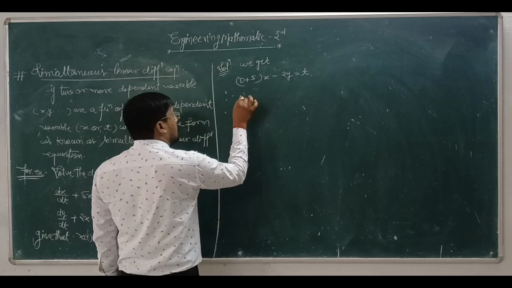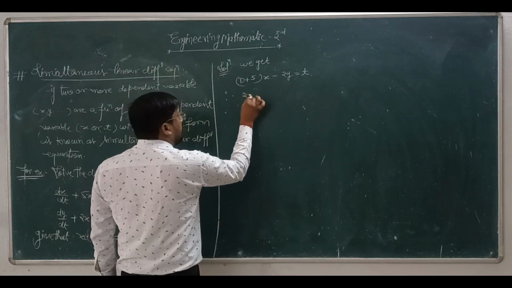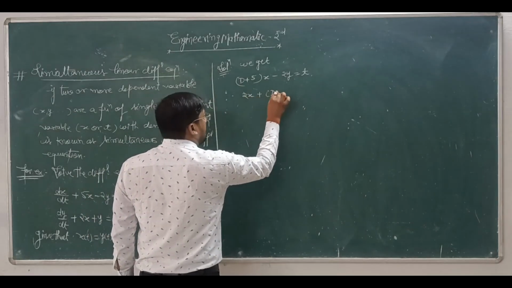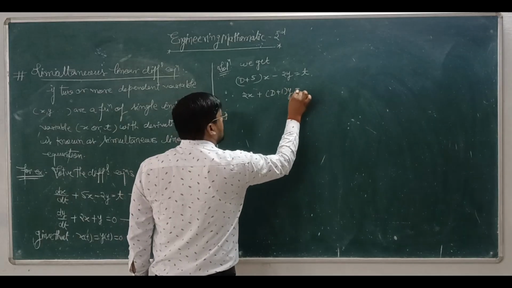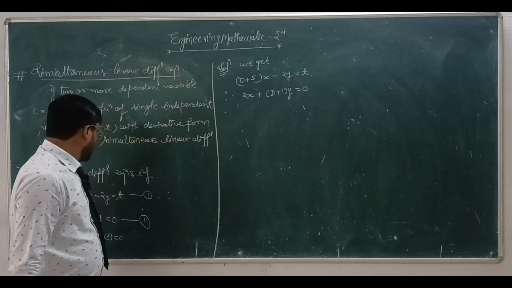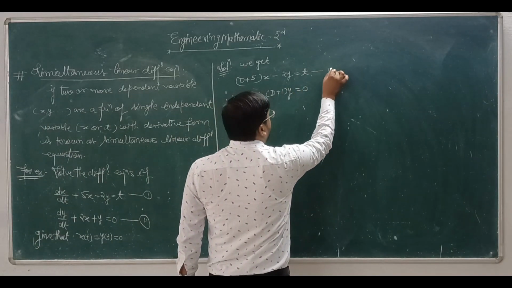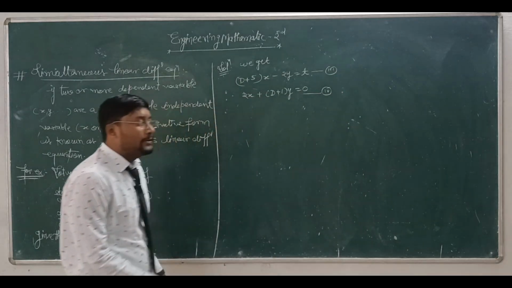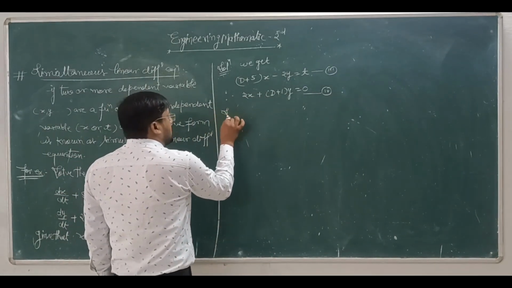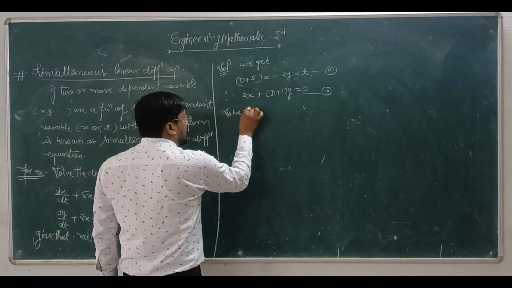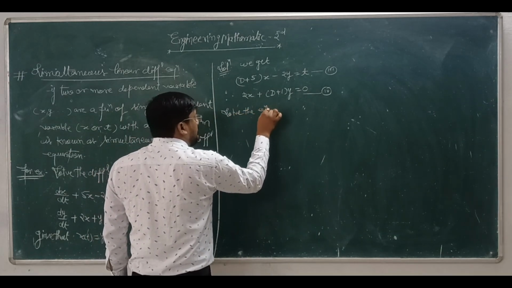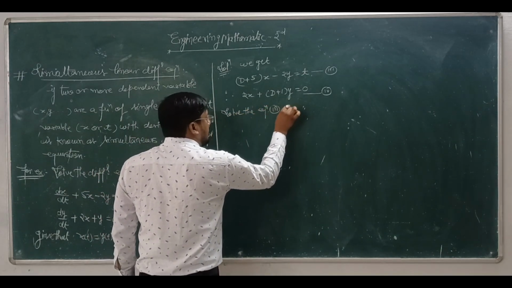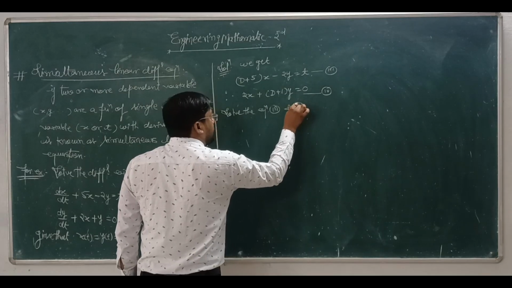Now second is 2x plus (D plus 1)y is equal to 0. This is equation number third and this is equation number fourth. Now, solve equations third and fourth.